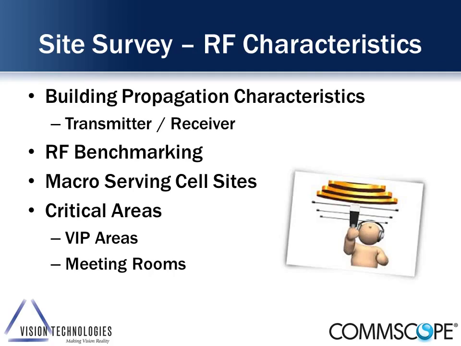And this type of testing will help us understand if a concrete block wall is a plain concrete block wall, or is it filled with concrete and rebar. The RF penetration between those two wall types is dramatic.